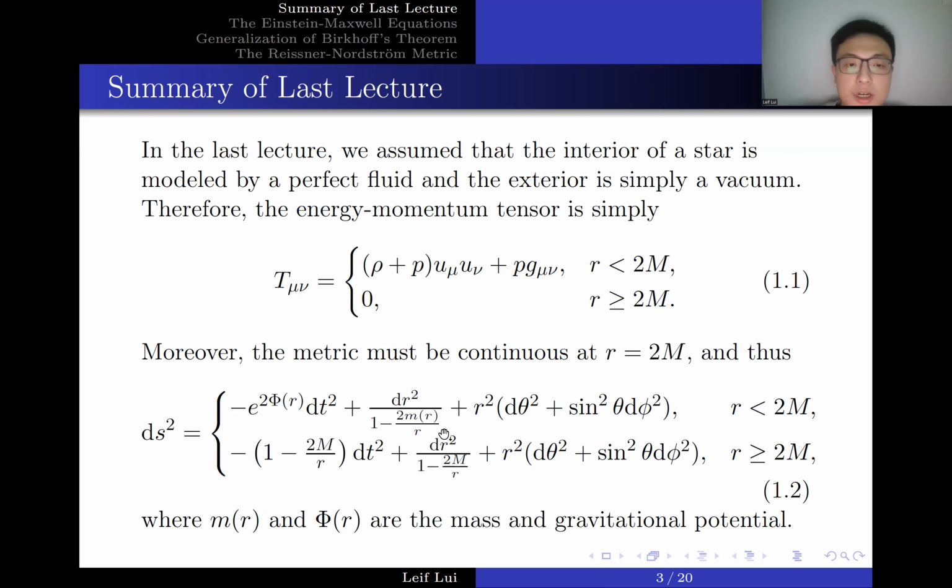And as mentioned before, these functions are chosen to make the expressions look nicer. You can, in principle, just make this A of R and this B of R. But they also have some physical meaning, as M of R is simply the mass of the spherical star, and phi is the gravitational potential.